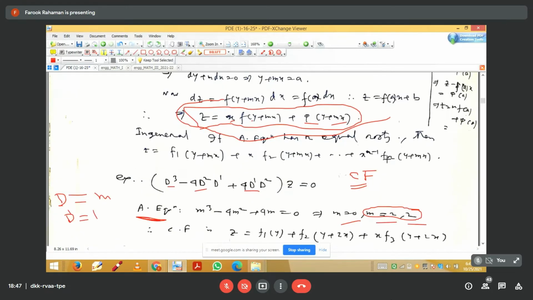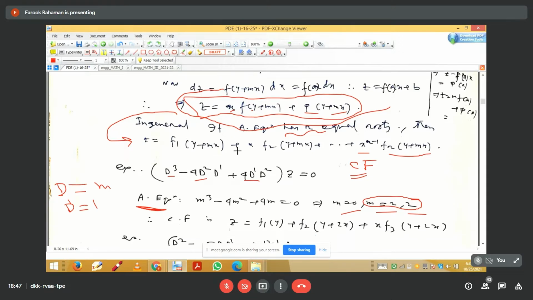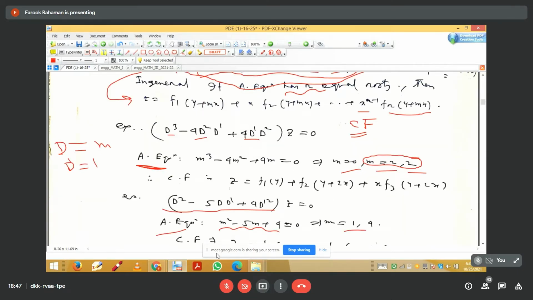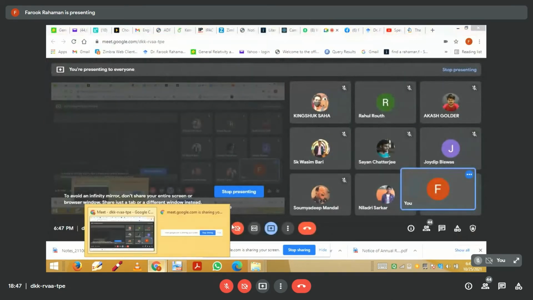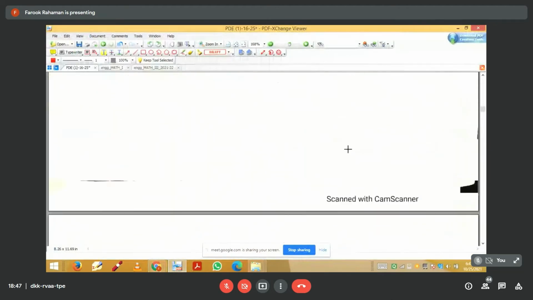Similarly, if we have r equal roots, one can easily generalize the result like this: f1 of y plus mx, x times another function of y plus mx, and up to x to the power r minus 1 times another function of y plus mx, if we have r equal roots. Okay, so one can easily find the CF in this way. There are so many examples like this.